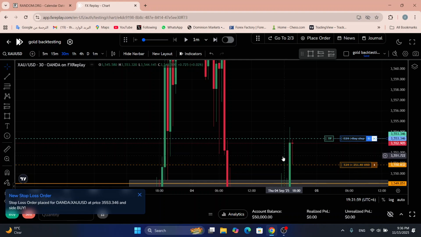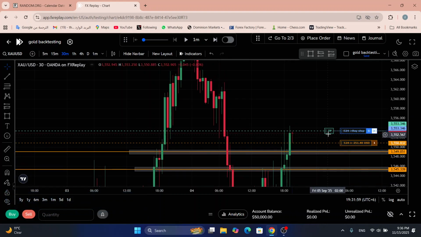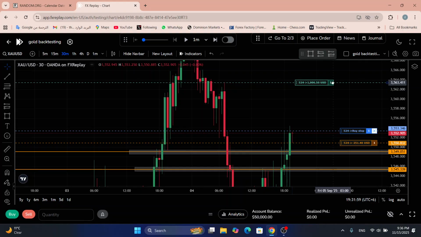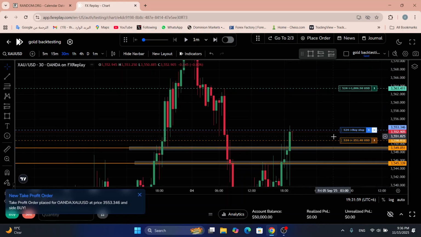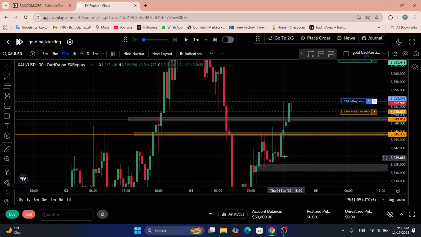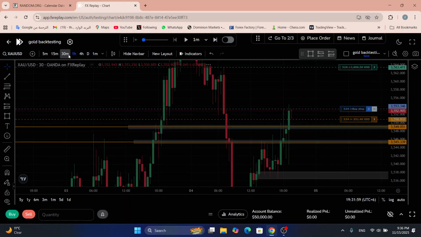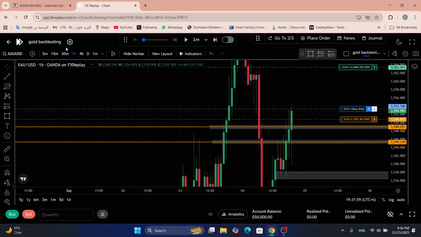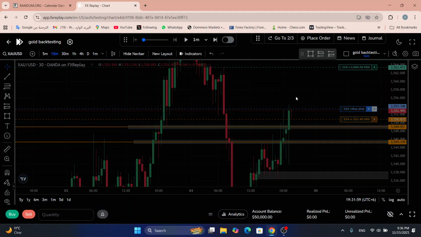So we are risking 0.5% for about 2%, I believe. Little bit more, yes, 0.5%, because as you can see here there is 1 2 3 4, almost 4 30-minute green candles. So let's see how this trade will play out.